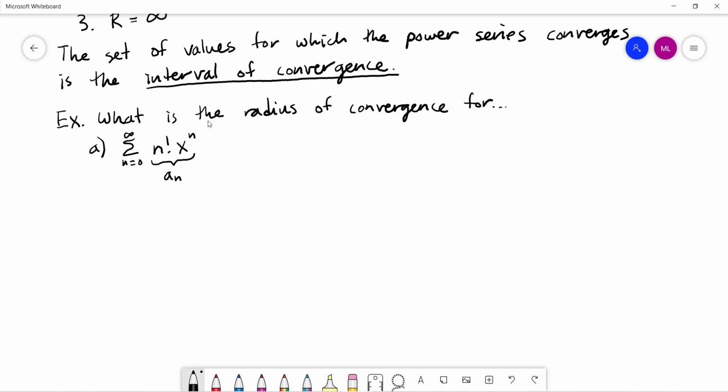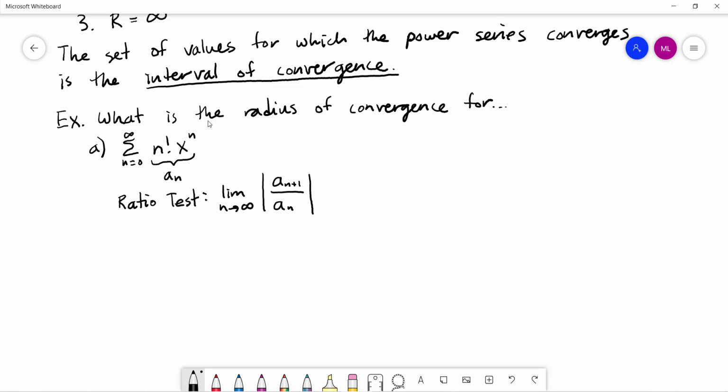So let's do the ratio test to see if we can figure out if this thing converges or not. So the ratio test, you'll recall, says we need to take the limit as n goes to infinity of the ratio of basically our a sub n plus 1 on top over a sub n, absolute value of the whole thing.